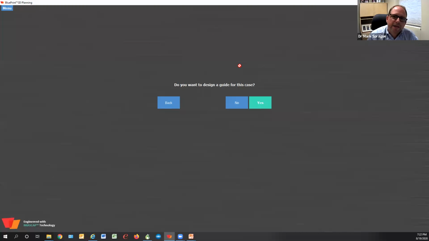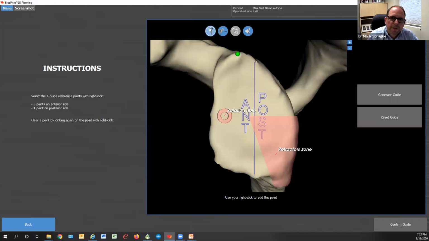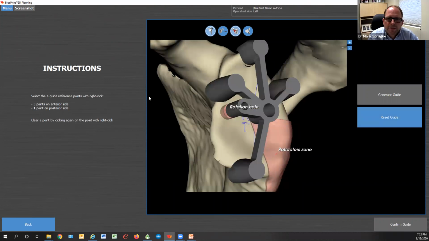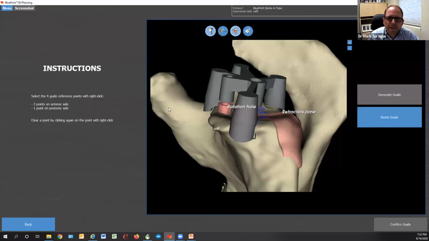And that guide actually allows me to put the instruments and the components exactly where I did on the computer. As you can see on the screen here, hopefully it'll work, but it actually will generate a guide. And then that guide fits the patient's socket perfectly.